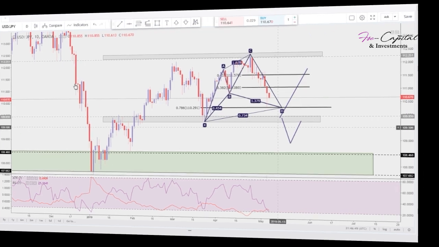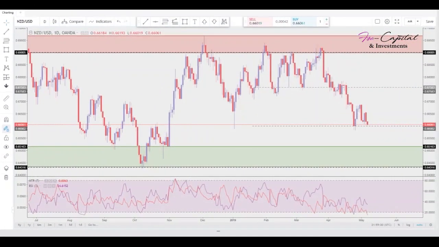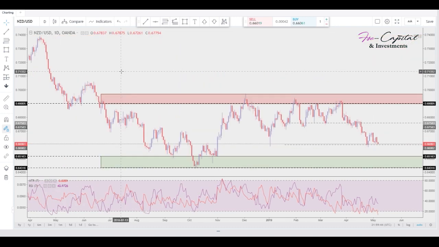Okay traders, I'm on the New Zealand dollar daily time frame here. Now if you look at this chart, the 6900's been tested on several occasions as resistance. We had our first test here. Probably if you look even further back, you'll notice that we've got a bit of resistance here.